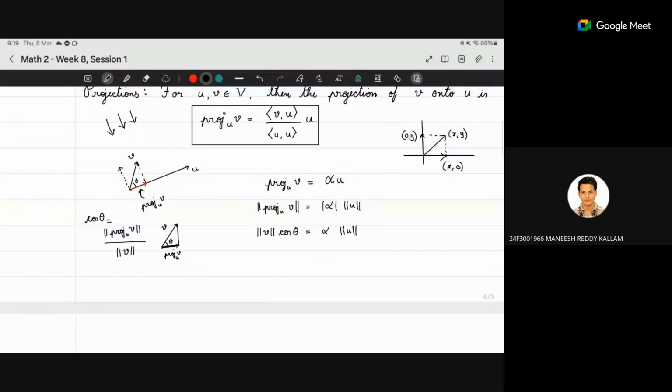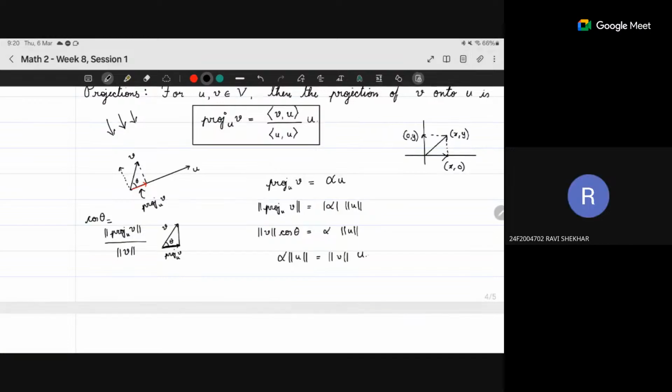But what is cos theta? Theta is the angle between v and u, correct? So what is cos theta? U dot v divided by norm of u norm of v.